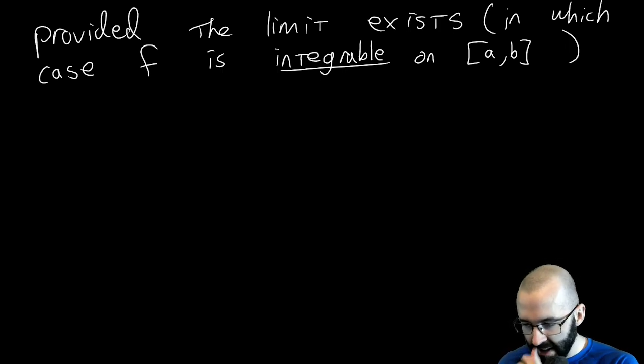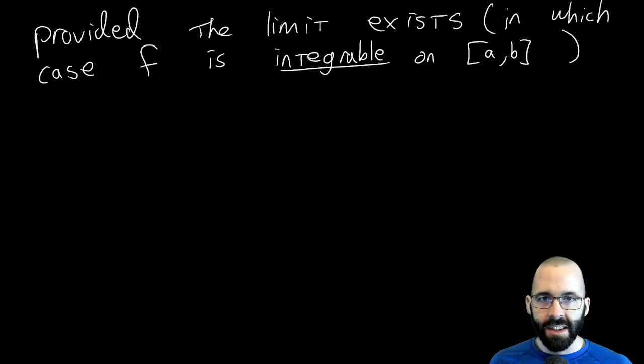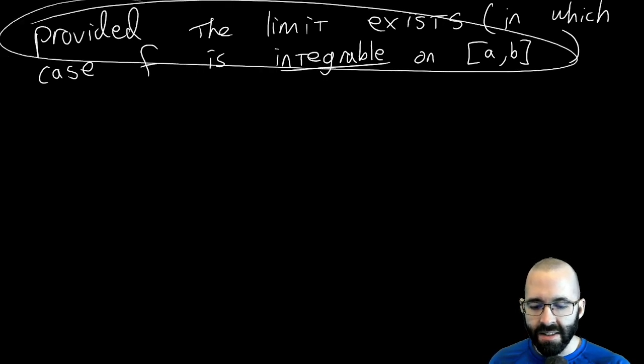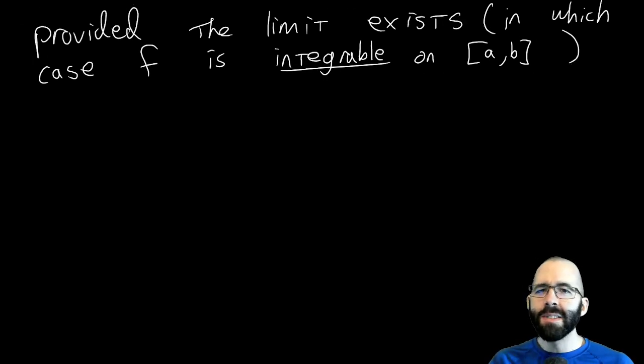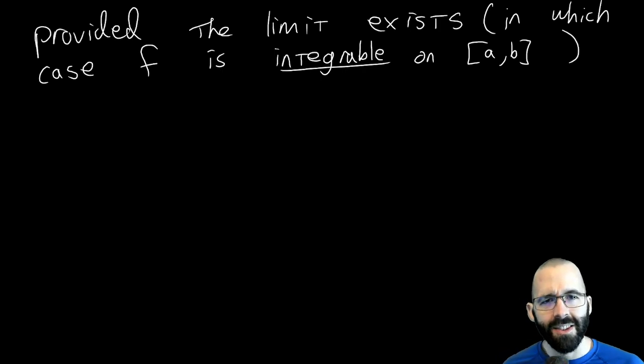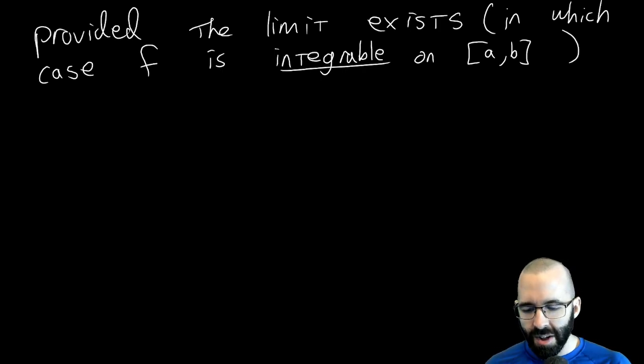Okay, so let's answer the natural question here. I bet a bunch of people are wondering right now. Well, you say provided the limit exists. Well, what happens if the limit doesn't exist? What is that going to look like? I'm sure everyone was asking that question.